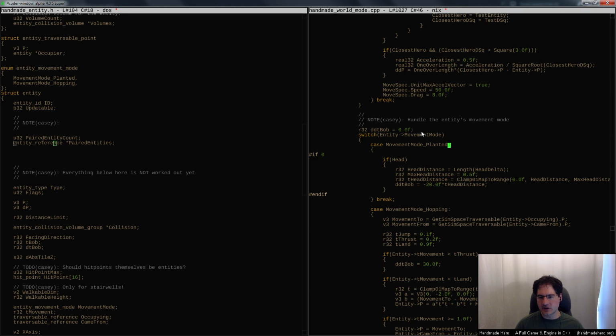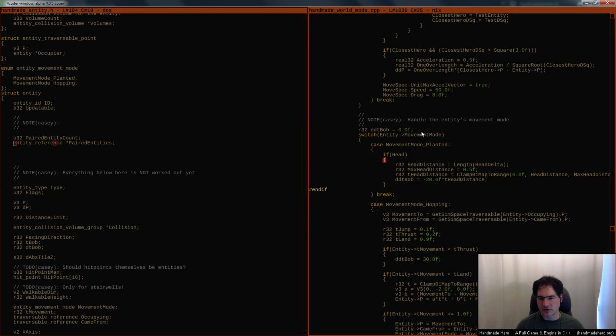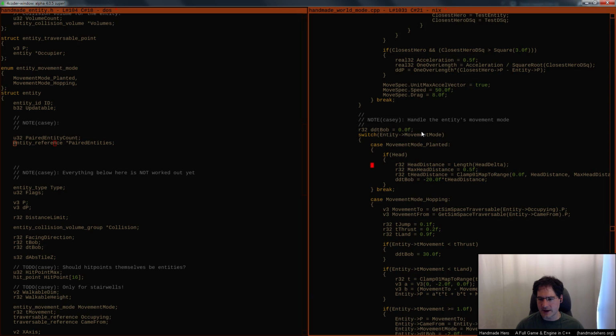So if I come here to say movement planted, and I know that this was the code effectively that I wanted to write, how would I deal with this fact here? What would I do? And you can see that this code is essentially saying, however far away the head was from the body, I want that to be how far I crouch down, because I'm about to jump or something, right?